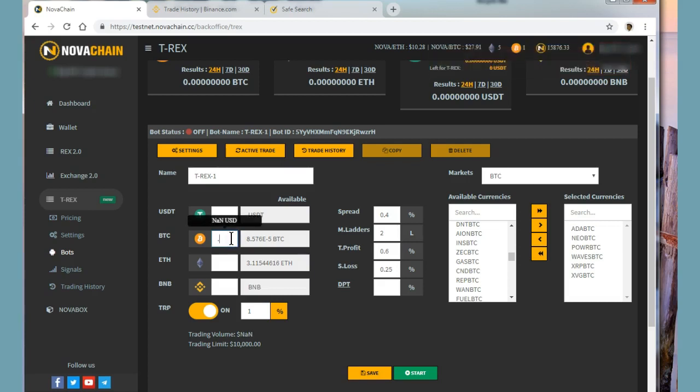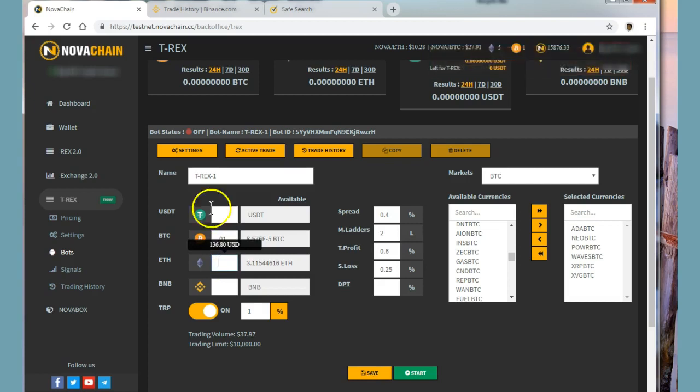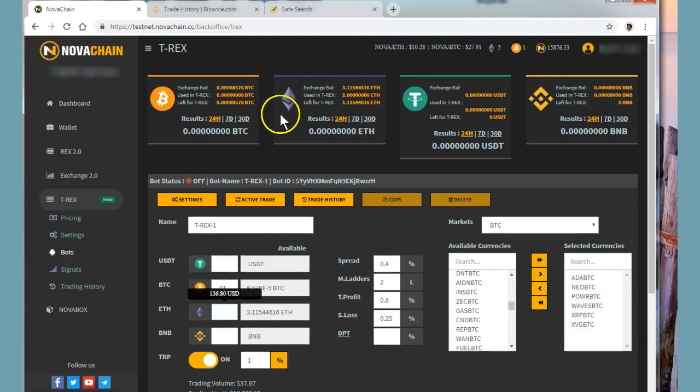So let's try 0.01. Insufficient funds. That's probably because I don't have any BTC. I have the ETH I put in, and 0 BTC. I was just wondering if it was going to let me do that. Lesson learned: I can't do that because I don't have any BTC in my Binance account. I was just seeing if it would switch between the currencies. So that's no problem.